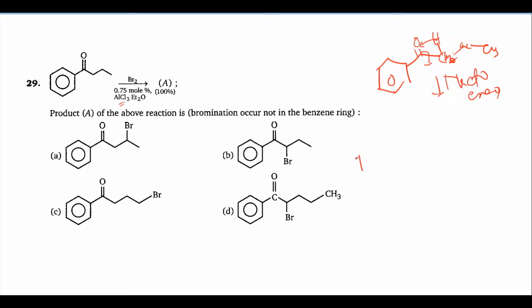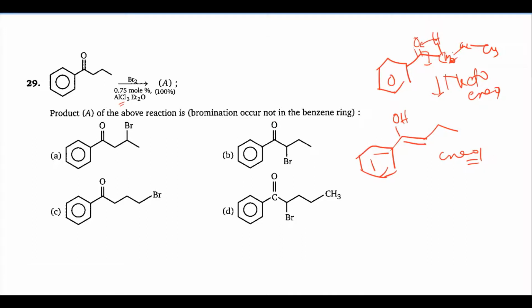So you have to convert the keto form into the enol form. Here the ring, double bond, and double bond OH, with CH2. Why is this converted to enol form? Actually, this is the keto form, and the keto form is converted to enol form.